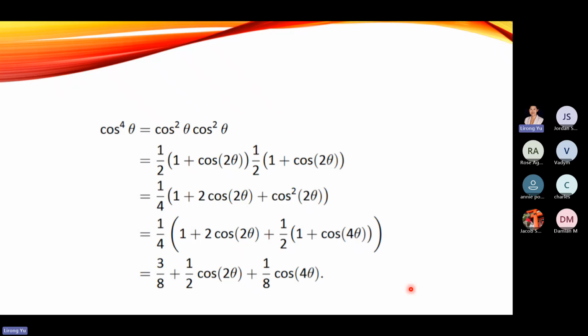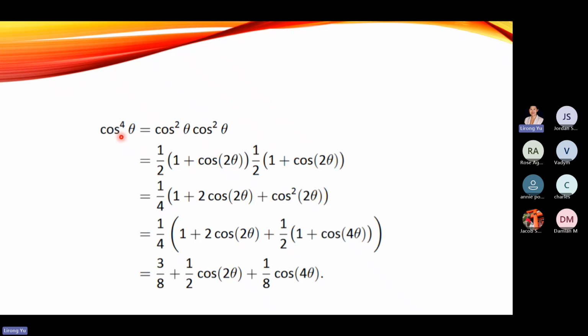Using the square formula, we expand. And then that's degree 0, that's degree 1, that's degree 2. The degree 2 has to be reduced in power again. So apply the power reduction formula, 1/2 times 1 plus cosine of the double angle, 2 theta doubled as 4 theta. Now we have this, and then we combine the like terms again. And finally, we have the representation in terms of cosine 4 theta.